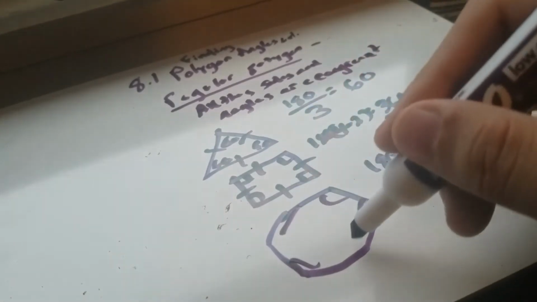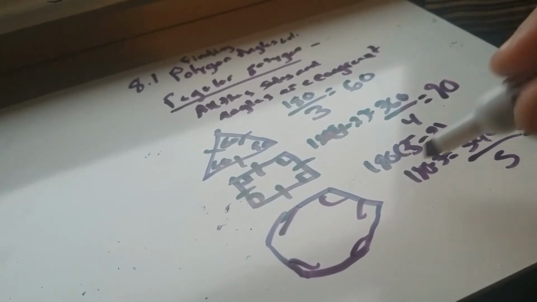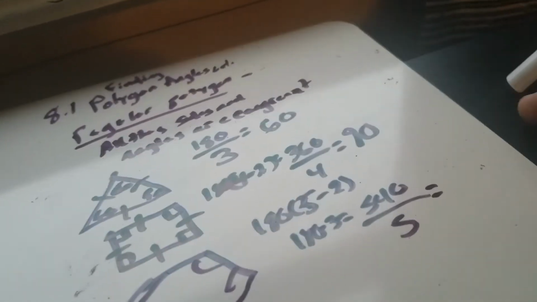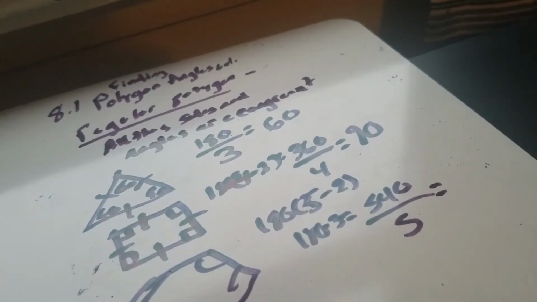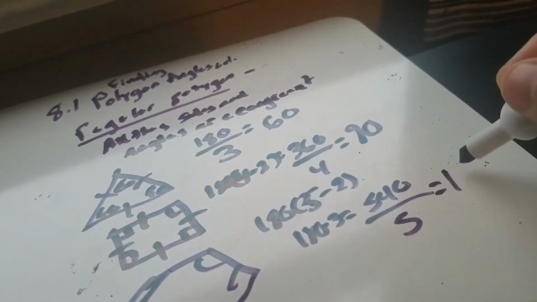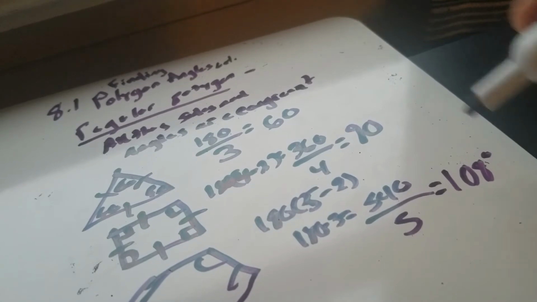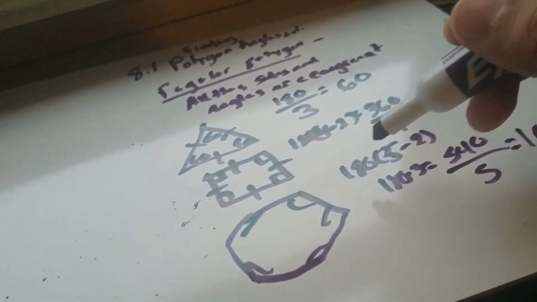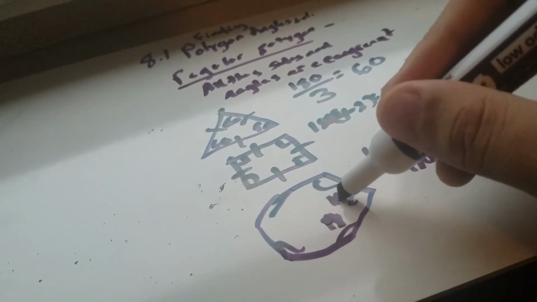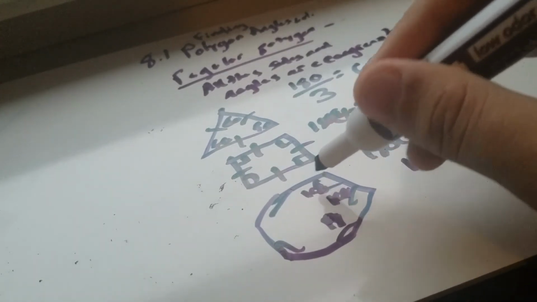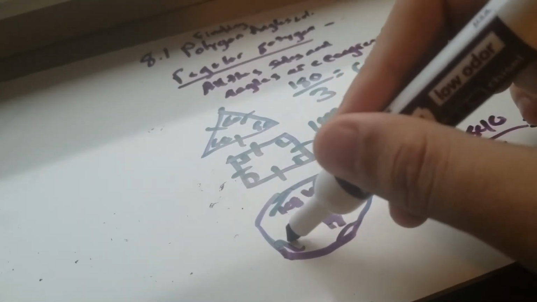If there's 5 sides, there's 5 angles, and vice versa. I drew this pentagon horribly, but ignore that. So 540 divided by 5 is 108. So each angle here, if they're all the same, or if it's a regular polygon, is 108, 108, 108, 108, 108.